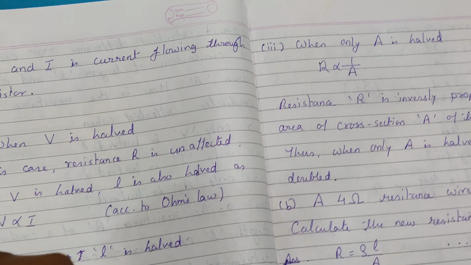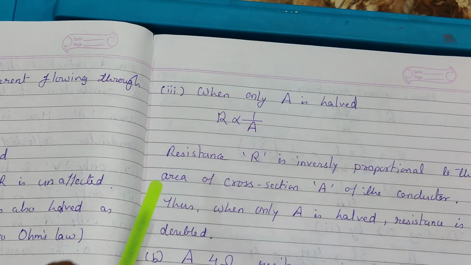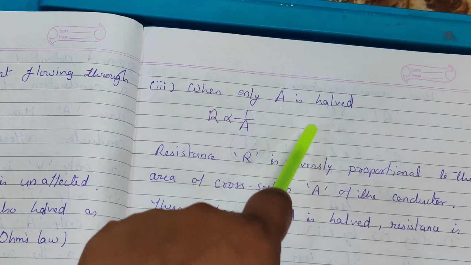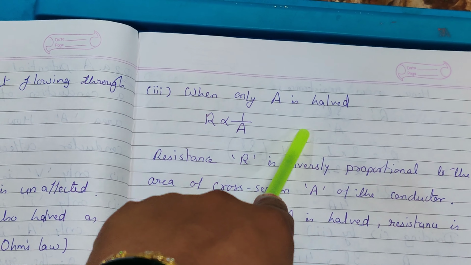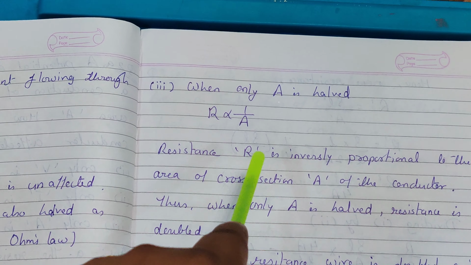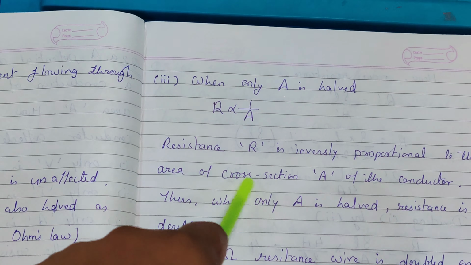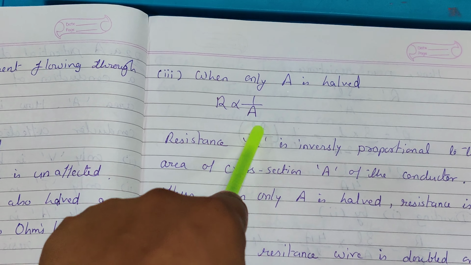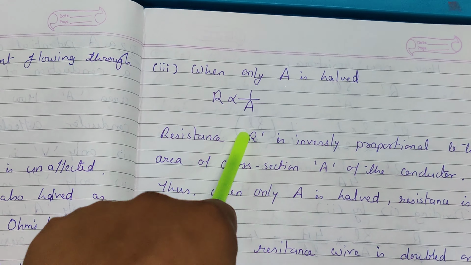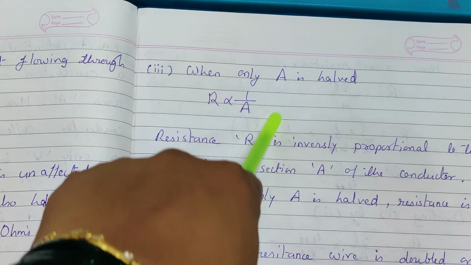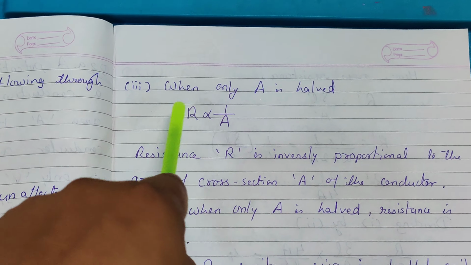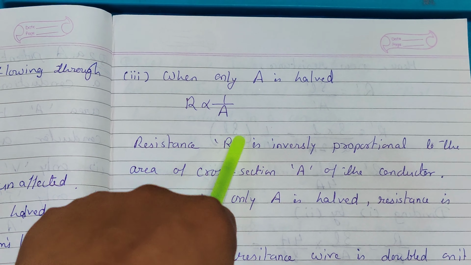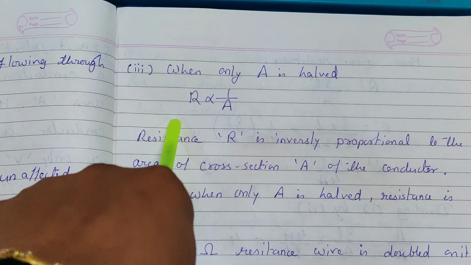Now the third part, when area is halved. R equals rho L upon A, so R is inversely proportional to A, which means R is proportional to 1 by A. When A increases, R decreases.